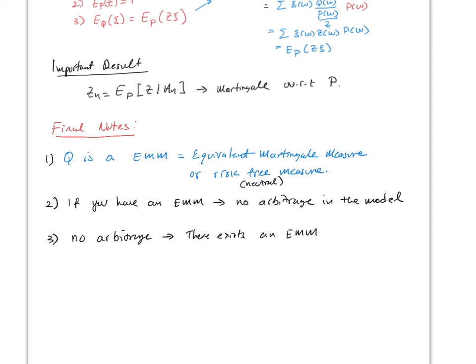For the purpose of what we're doing right now, remember we defined this to have the following form, and we showed that the expected value with respect to Q of Cn plus 1 given An is equal to Cn.